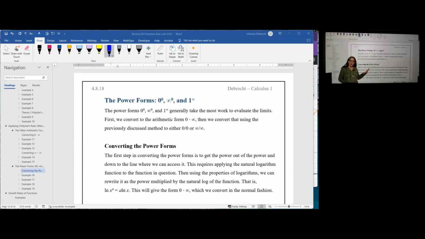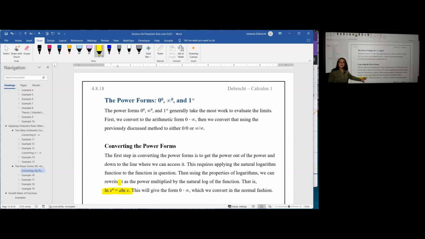Then we can use the property of natural logs that allows us to pull the power on the answer part to the front and multiply by it. In other words, we're going to use the property that the natural log of x to the a power is a times the natural log of x. This gets it out of the power and down to the line.